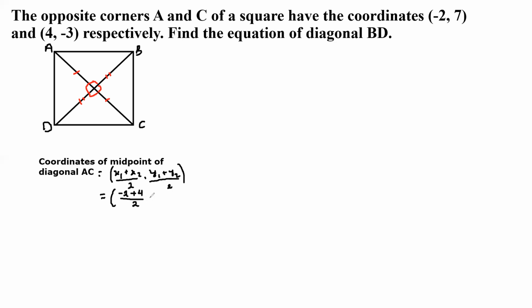And if you look at y1, y1 is 7 and y2 is -3, so I can put 7 plus (-3), divided by 2. So this will be equal to 4 minus 2 gives 2 by 2, which is 1, comma, 4 by 2, which is 2. So the midpoint is (1, 2).